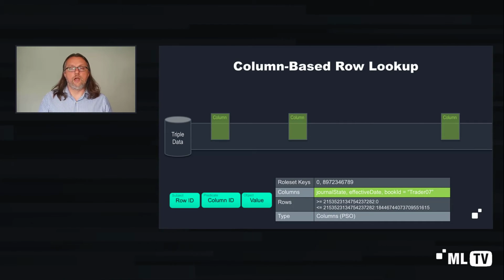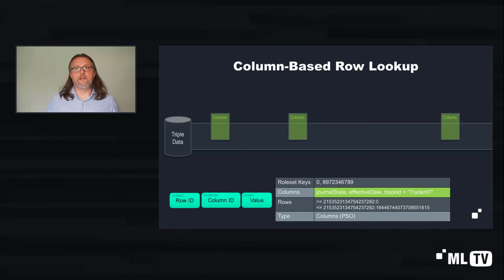And we do a read of several regions of the triple index, much smaller regions usually, that only contain information for a given column. We stitch those columns back together based on the row ID. And if you have got a very wide table and you've only selected a few columns from it, then a column-based access can be much more efficient because we're reading less of the triple index, only the columns that were actually asked for.